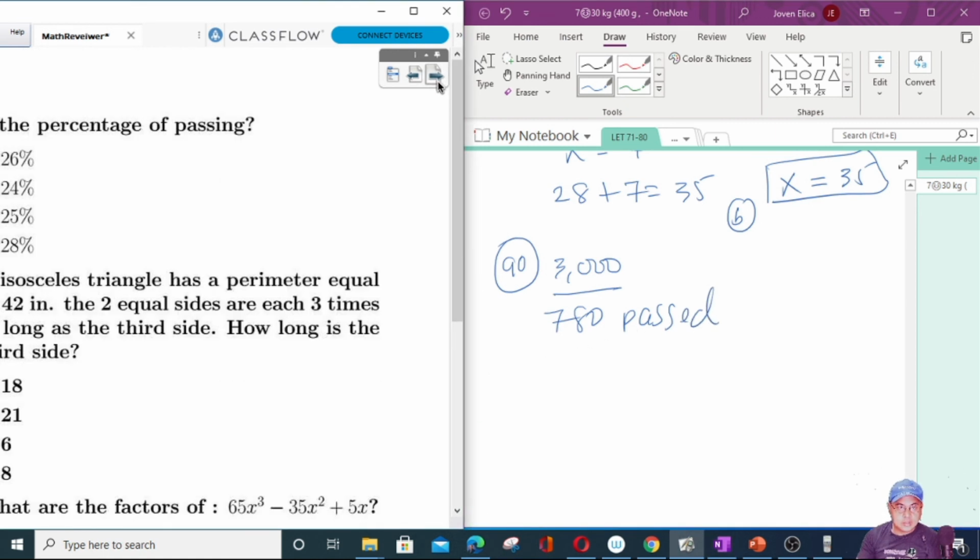The question is, what is the percentage of passing?